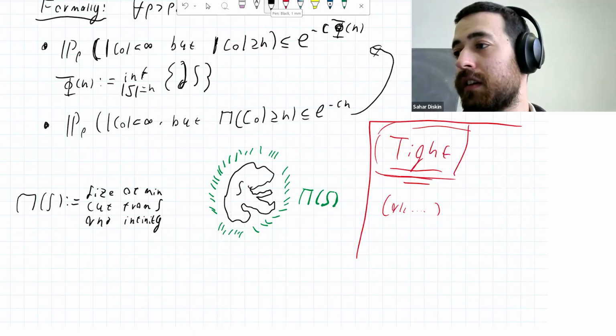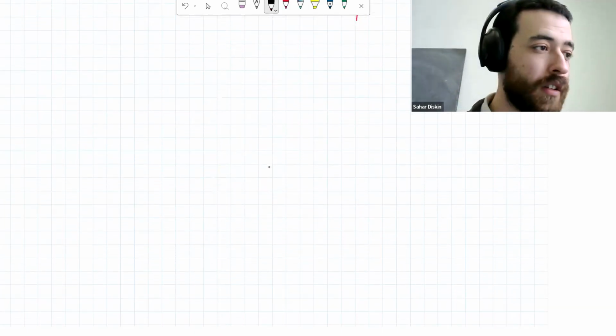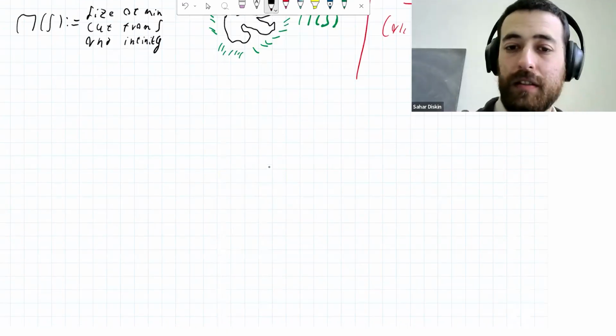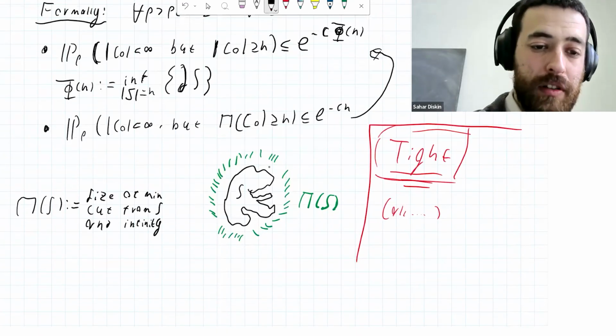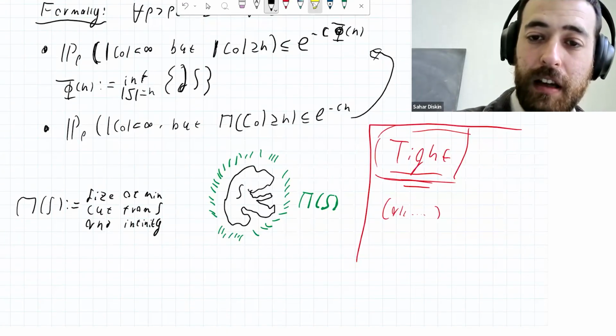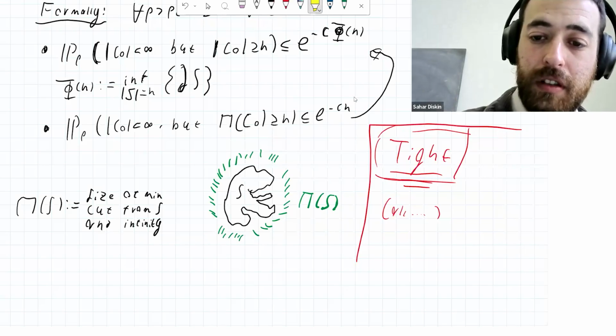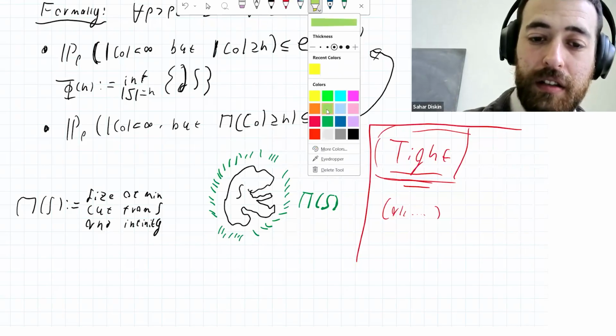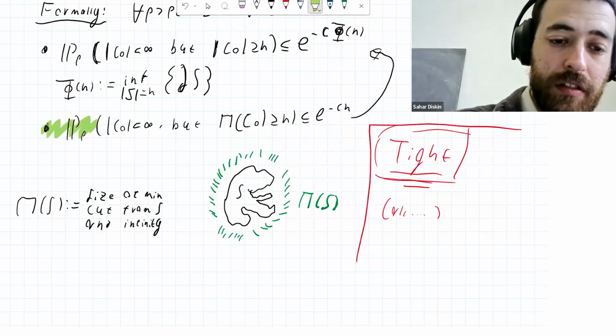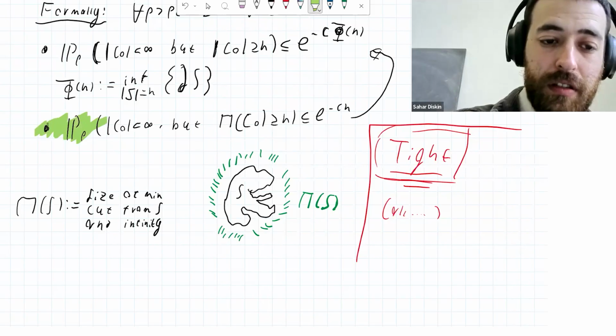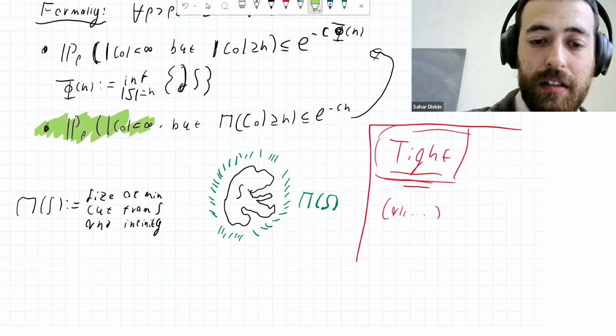Okay, very nice. So this is the theorem we want to prove. I'm going to prove this version, which implies the other.